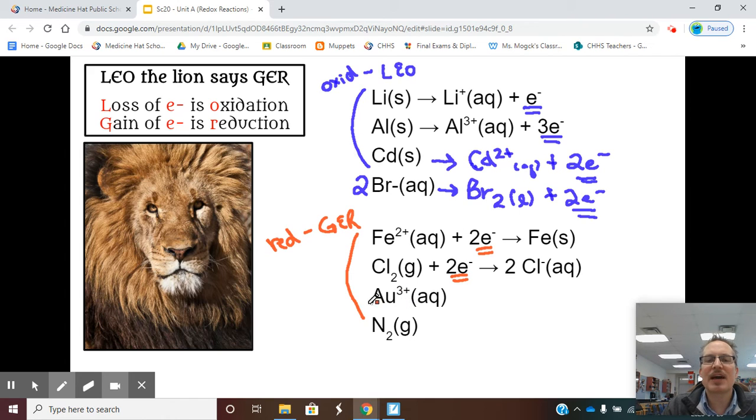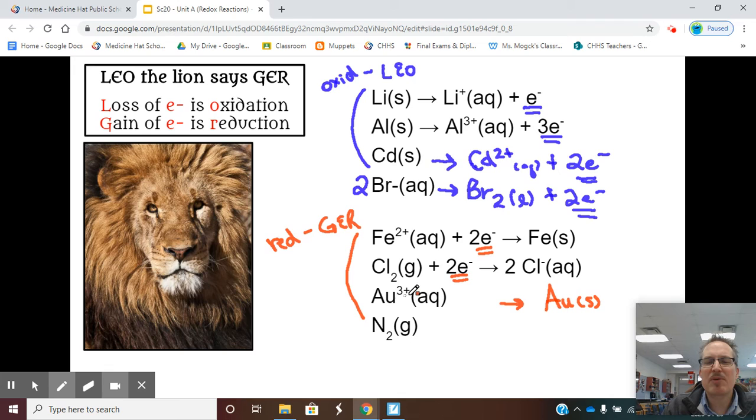So let's go in our data booklet and find Au. So Au is element number 79, and we already have it written as an ion with a charge. So the atom is just Au solid. So we have 1 Au on the right, 1 Au on the left. Balance atoms first. Now we're going to balance charges. 3 positive on the left, no charges on the right.